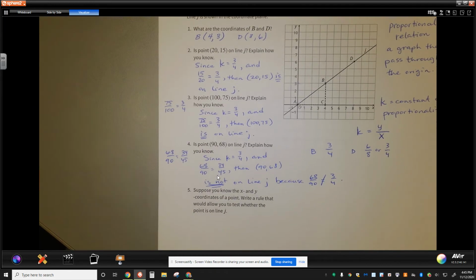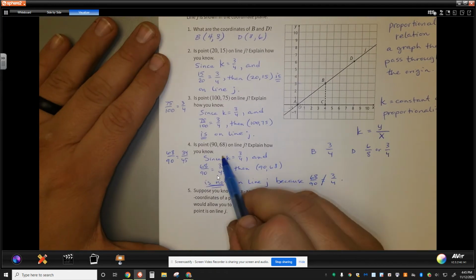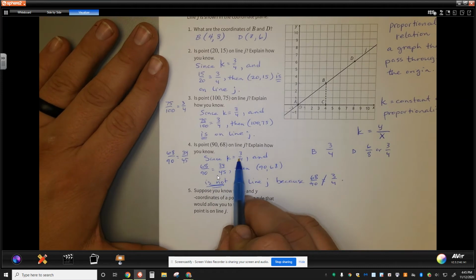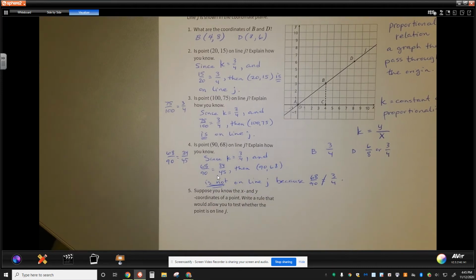Since it doesn't follow the rule, since this point, (90, 68), does not follow the rule of proportionality of 3/4, then it can't be on that line because it doesn't follow the rule that's there.